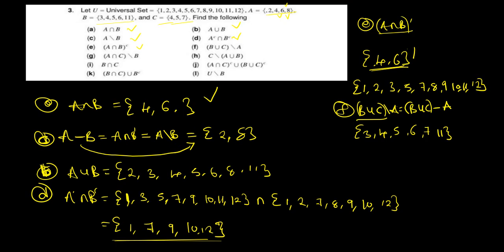All right, so now we are saying we want to subtract A, or remove everything found in A. Once we remove everything found in A, which has the elements 2, 4, 6, 8, we remove 2, 4, 6, and we just remain with 3, 5, 7, 11, like that.